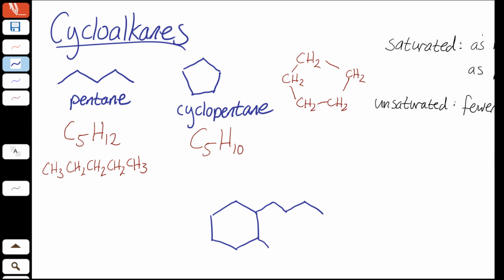It can be clockwise or counterclockwise, whatever gives you the lower numbers, and the lowest number on the lowest alphabetical order. So this one would be 1-butyl-2-methylcyclohexane.